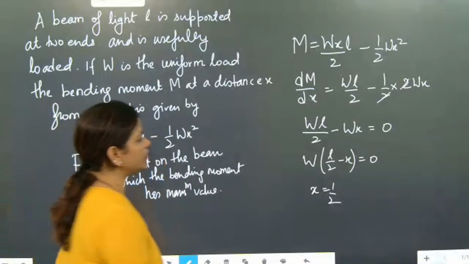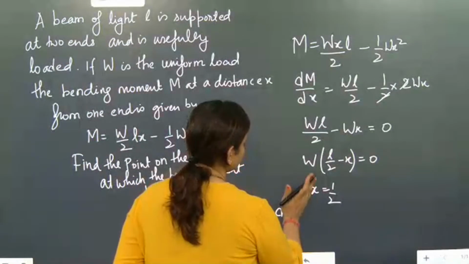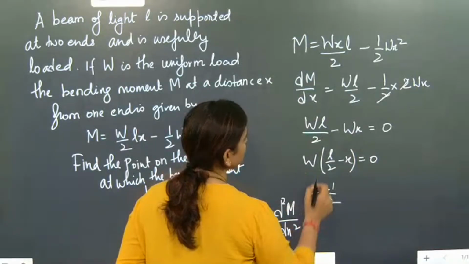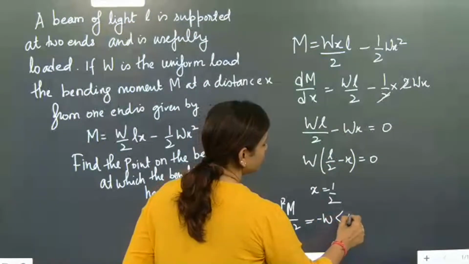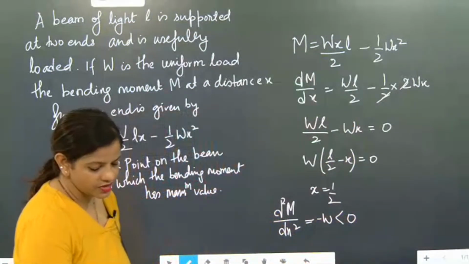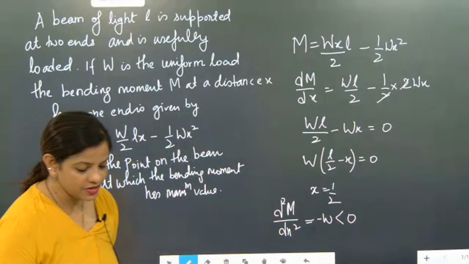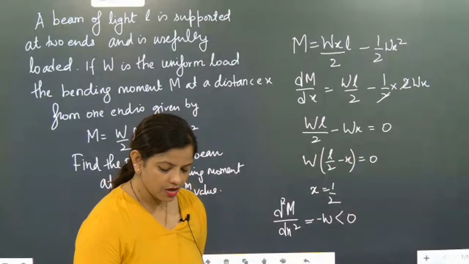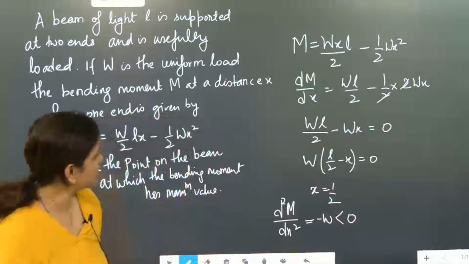Again we are going to differentiate. When we differentiate again, d2M by dx2, it comes as minus W, which is less than 0. Now L by 2 is there.